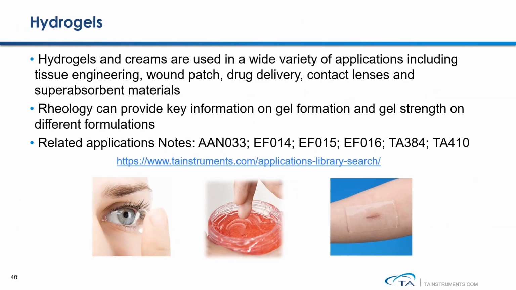Next, let's talk about how we use rheology to study the viscoelasticity behavior of a soft solid material. Hydrogels and creams are widely used in a variety of applications, including tissue engineering, wound patches, drug delivery, and biomedical devices. Rheology can provide useful information to evaluate the physical behavior of a soft solid material.